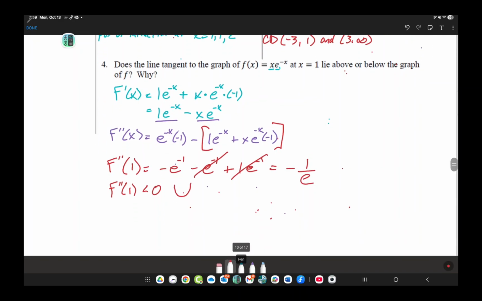And when your function is concave down, your tangent line is above or below? All tangent lines should be what? Below.